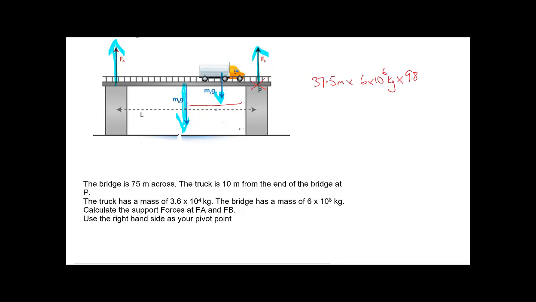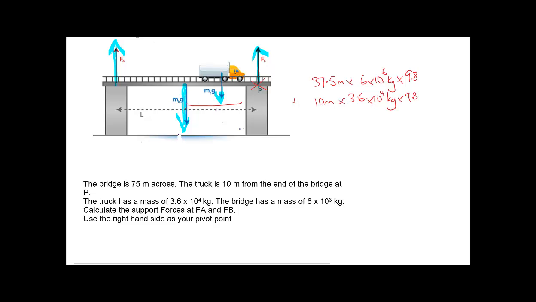That gives one of them, plus the truck itself, which is 10 meters from the end, so 10 meters times 3.6, the mass of the truck, and again times 9.8.